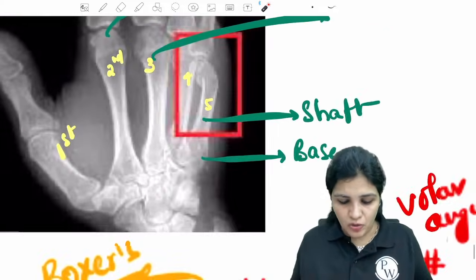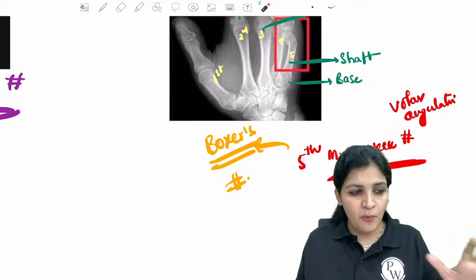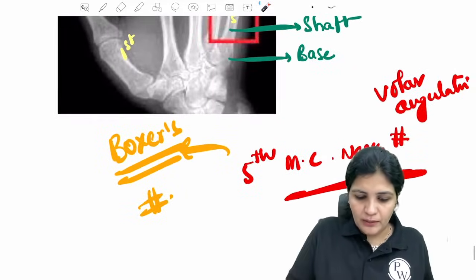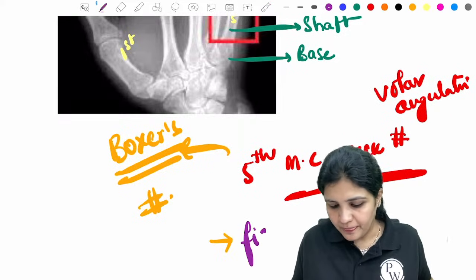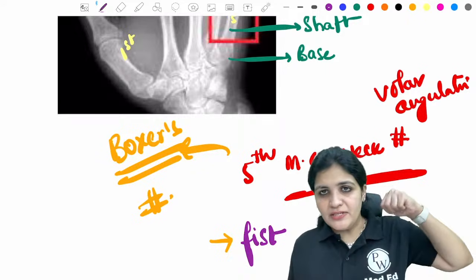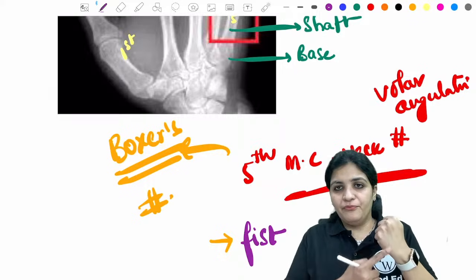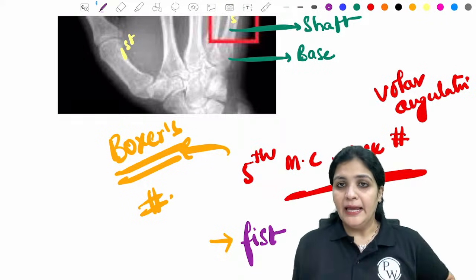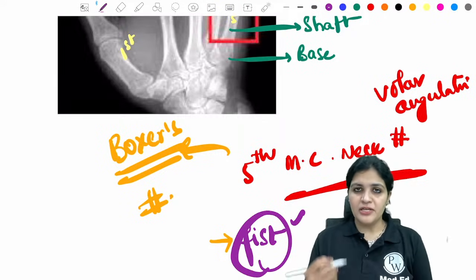Here it is not the joint which is involved. This is only the neck fracture, so it is called the boxer's fracture. The mechanism of injury here is a fist: somebody has made a fist and punched like this. Because of this punching, there is a fracture of the fifth metacarpal neck. So this is called boxer's fracture.